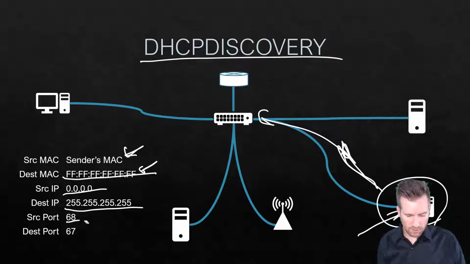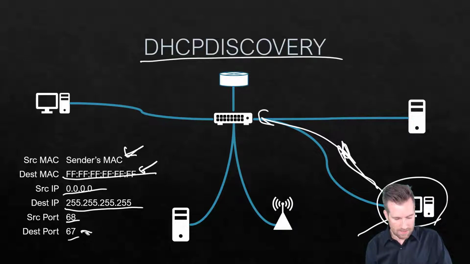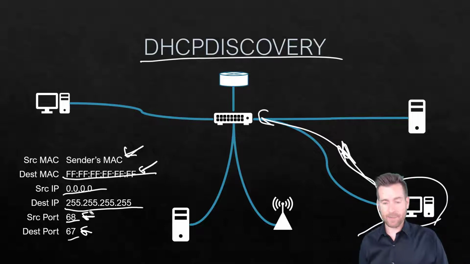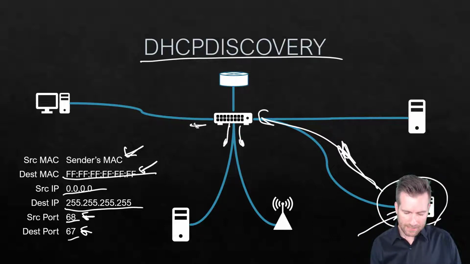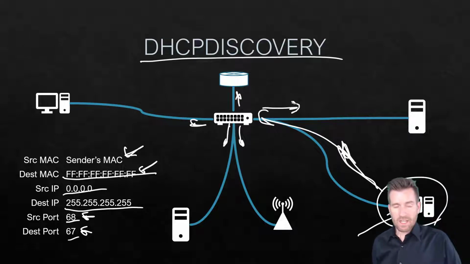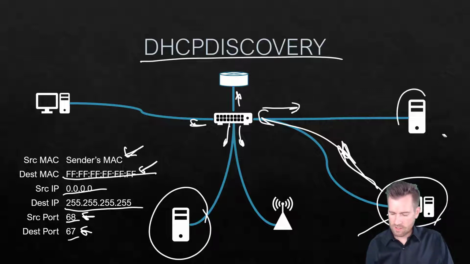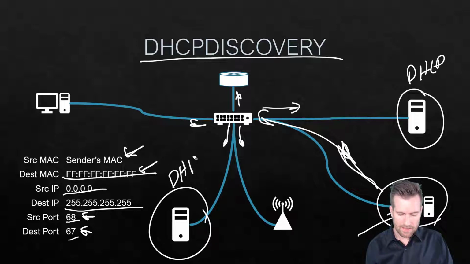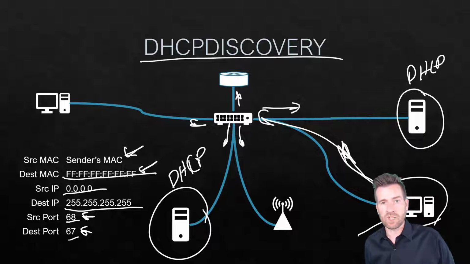It's going to use the source port, a UDP port of 68, and a UDP port of 67 as the destination port. So this is the server, this is the client. Okay, so it's going to send this out. It is a broadcast, so this switch will broadcast it out in all other directions. It's going to send out this DHCP Discovery. In this example right here, we're going to say that these two servers are both DHCP servers, and we'll see how this interplays with two DHCP servers on your network.